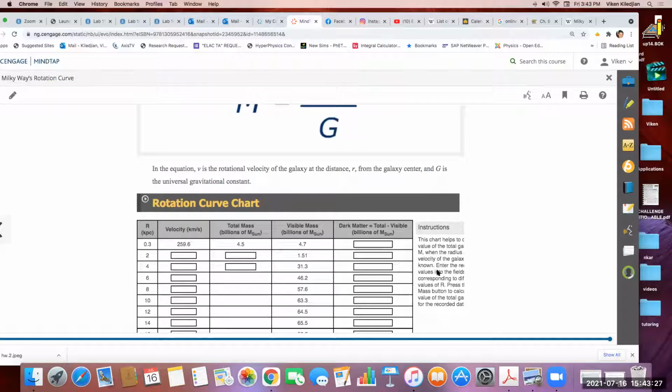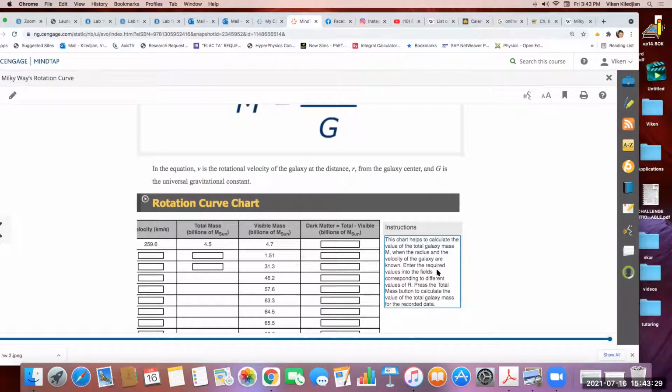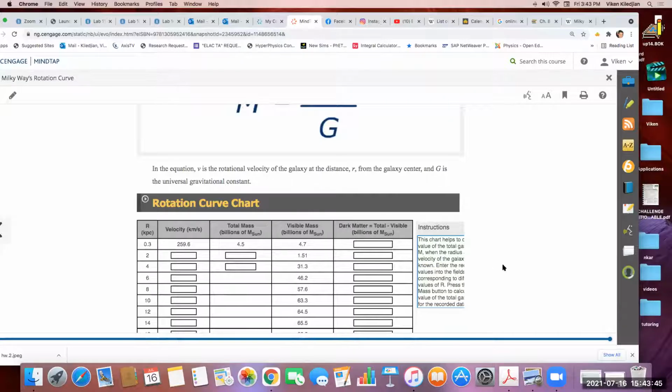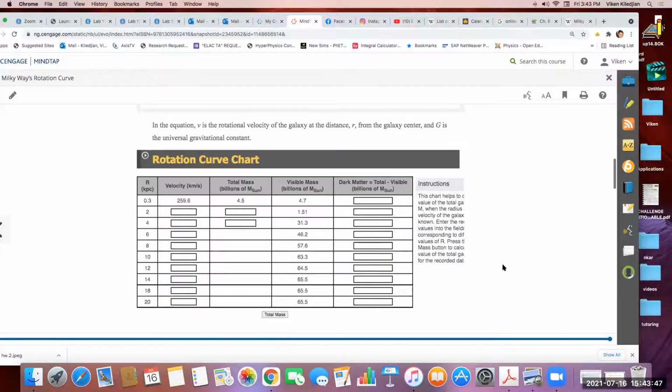This chart helps to calculate the value of the total galaxy mass m when the radius and the velocity of the galaxy are known. Enter the required values into the fields corresponding to different values of r. Press the total mass button to calculate the value of the total galaxy mass for the recorded data. Okay, so then it's giving you this chart.